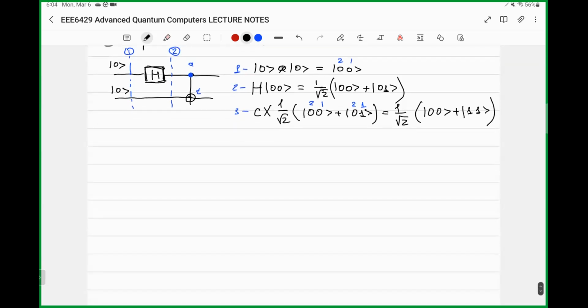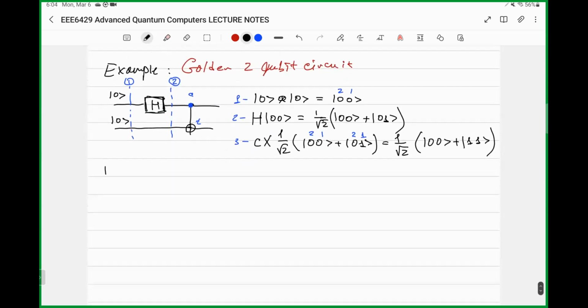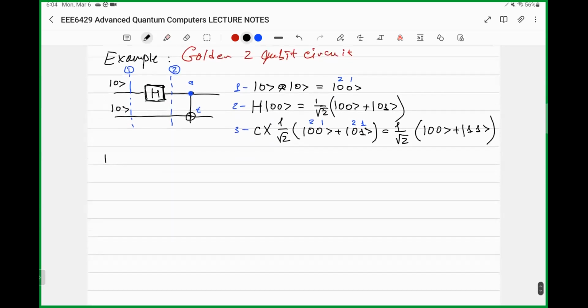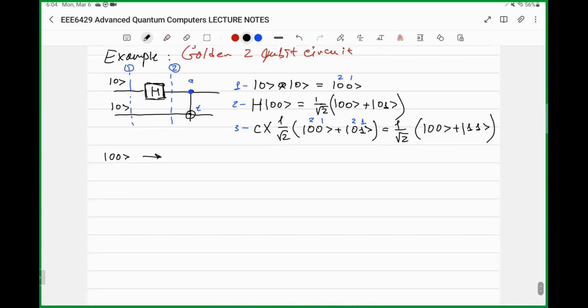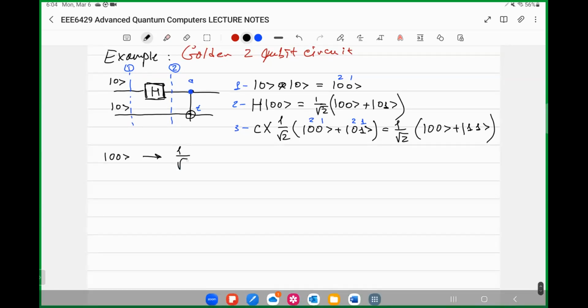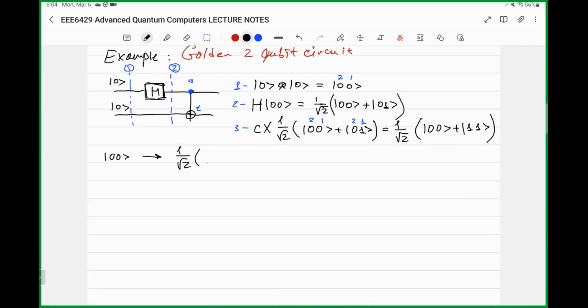So the result of this golden 2-qubit circuit is as follows. It takes state 0 0 and creates state 1 over square root of 2, state 0 0 plus state 1 1.